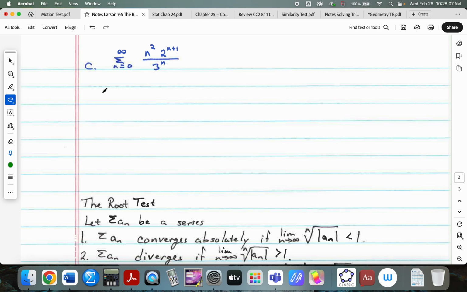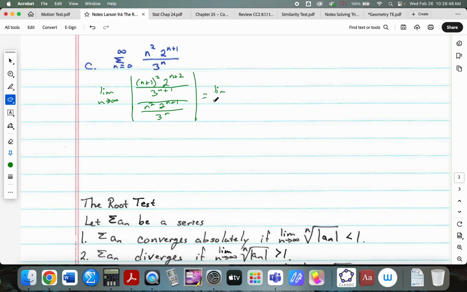Okay, so we'll take the limit as n goes to infinity of the absolute value of n plus 1 squared. Now this will be 2, when I replace the n with n plus 1, this will be 2 raised to the n plus 2 over 3 to the n plus 1, over n squared 2 to the n plus 1 over 3 to the nth.